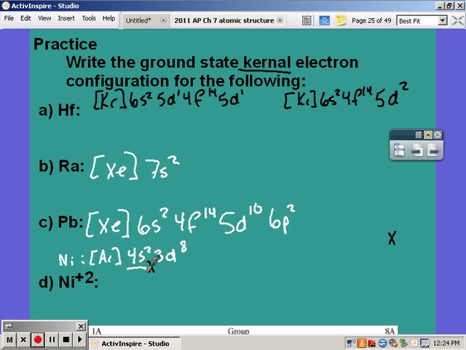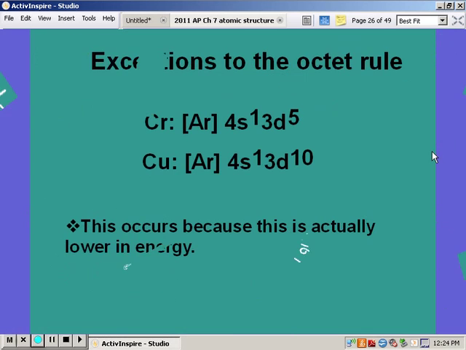So it should lose its 4s before it loses its 3d, because the 3d is closer to the nucleus, which means it's attracted to the nucleus more. So we have argon and 3d8. If it had been a nickel with a plus 3 charge, it would have been 3d7.